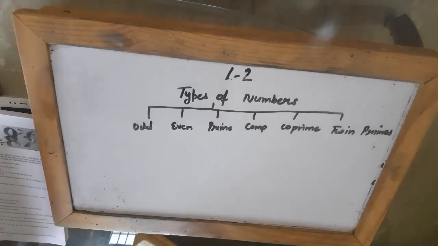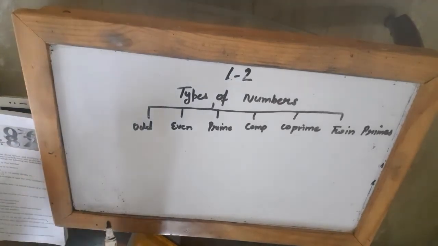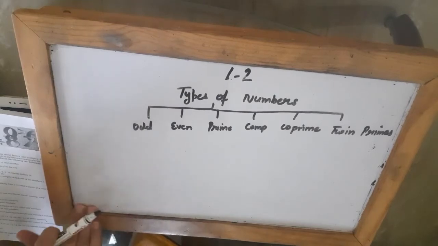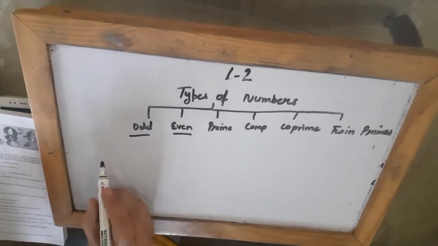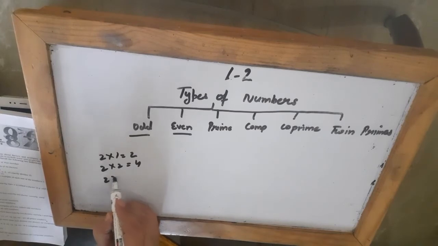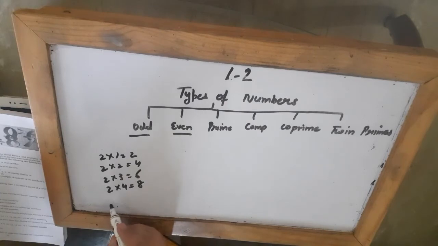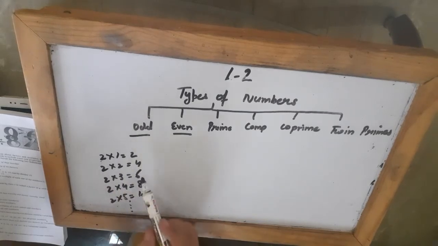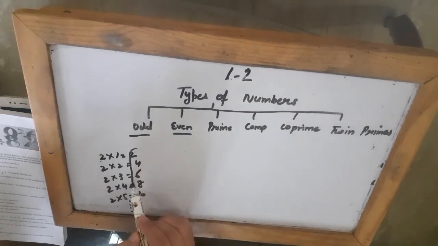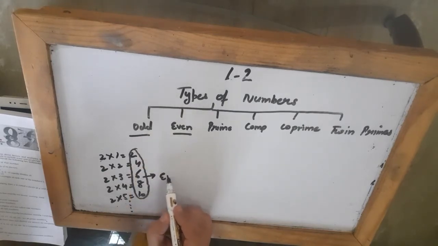Now let us study some of the types of numbers. Many of them you already know, like the first, odd and even numbers. When you are writing the table of 2, like 2 ones are 2, 2 twos are 4, 2 threes are 6, 2 fours are 8, 2 fives are 10, and so on, all these multiples of 2, that is 2, 4, 6, 8, 10, are called even numbers.